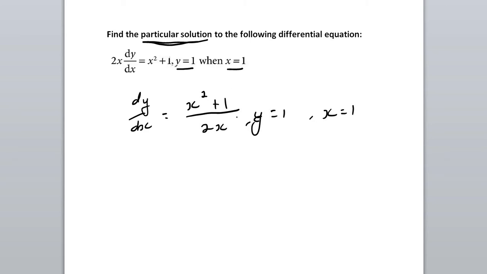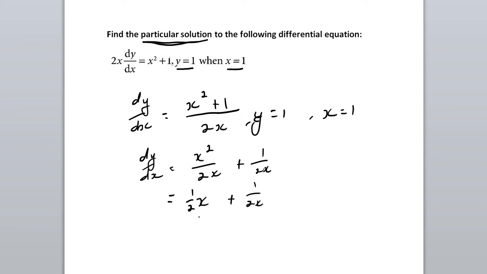Now what I can do here is separate this fraction. So dy/dx is equal to x squared over 2x plus 1 over 2x, and x squared over 2x can be simplified further as a half x, plus 1 over 2x, and I still have dy/dx.